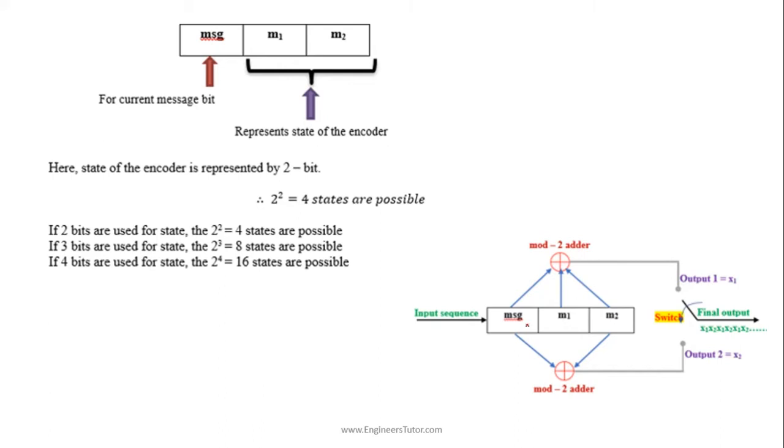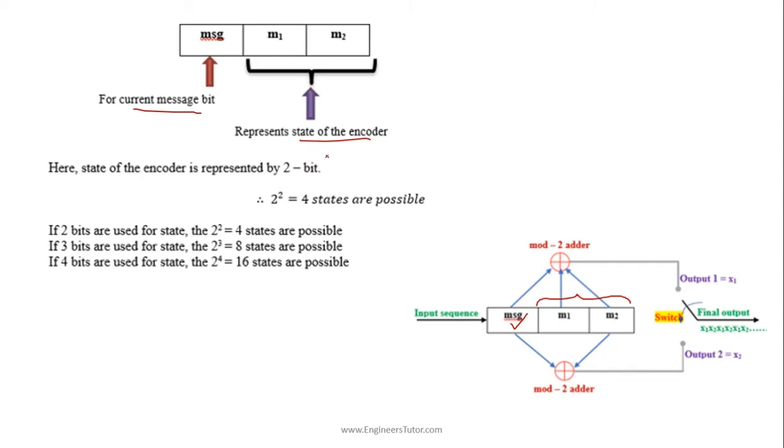The constraint length is 2. MSG holds the current message bit, and M1, M2 represent the state of the encoder.